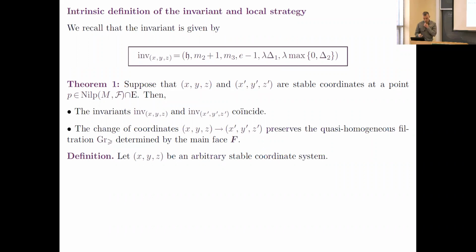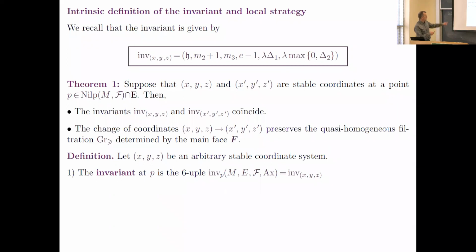So using this result, we can finally define what we call the invariant at the point P. We fix any arbitrary stable coordinate system at P, and we say that the invariant of the foliated manifold at this point P is simply the invariant computed with respect to these coordinate systems.